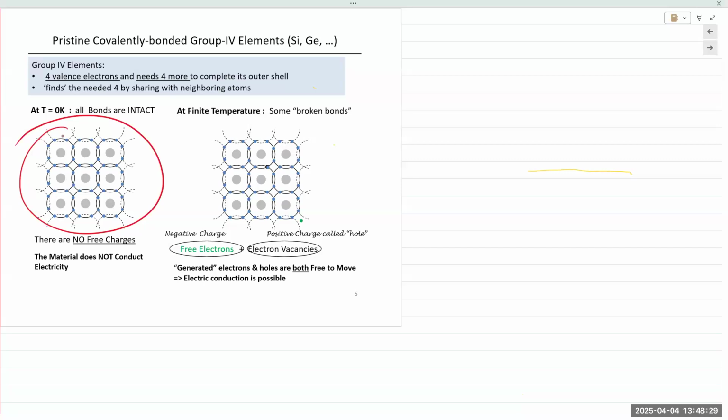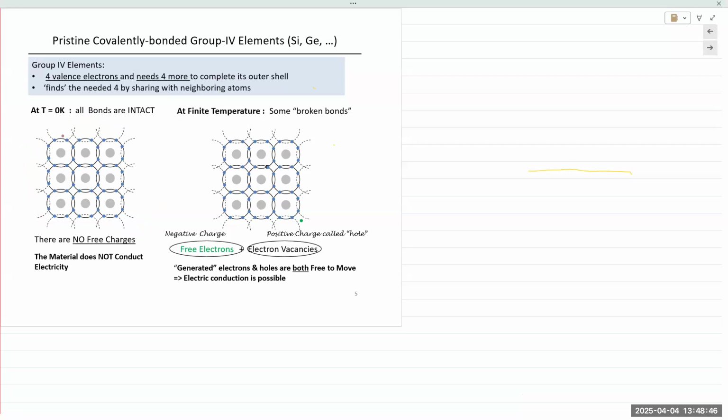silicon atoms have 4 electrons in the outermost orbit. To form a stable structure, one silicon atom bonds with 4 neighboring silicon atoms, and they each share 1 electron with each other.